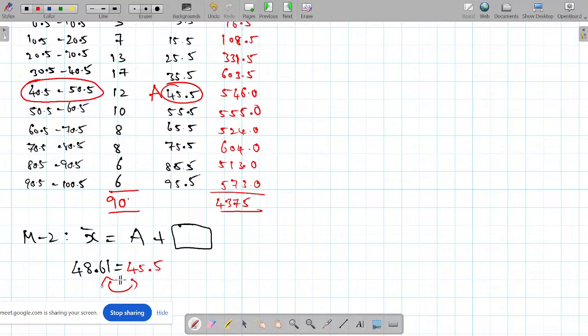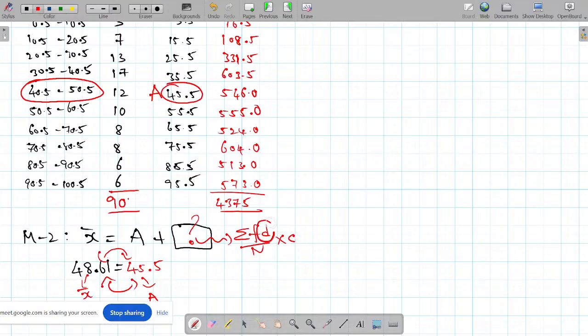Are both the same? No. This is my exactly calculated X bar, and this is my assumed value, so I cannot use X bar. That's why we are using the assumed mean A. There is a difference between these two values, and this difference is calculated using the deviation with the help of the formula summation fd divided by n into c.